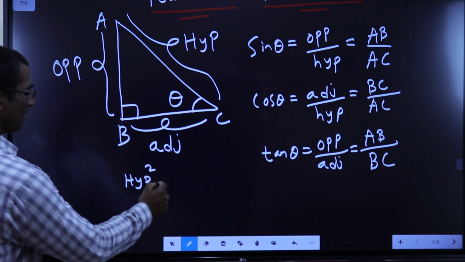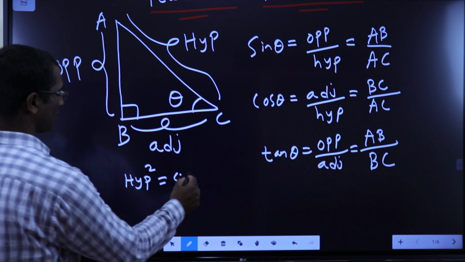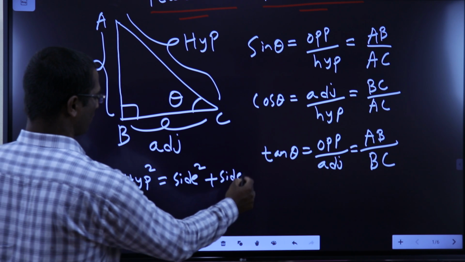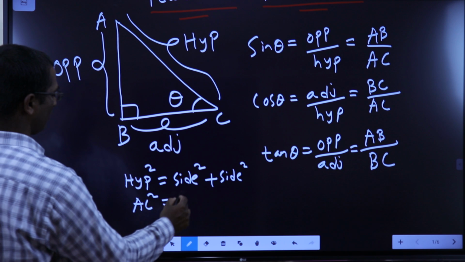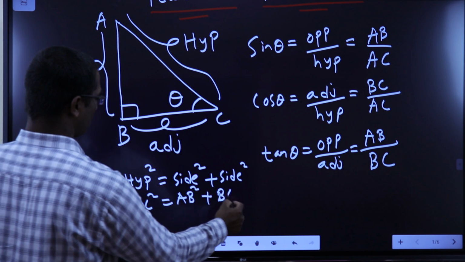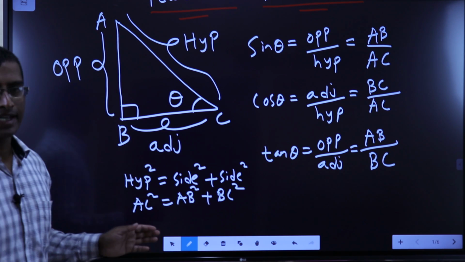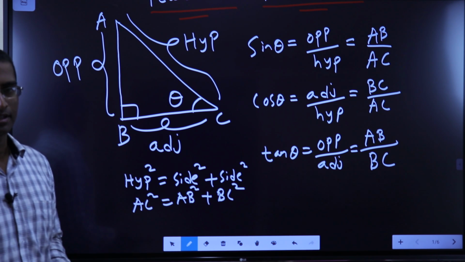Hypotenuse square is equal to the sum of the squares of the other two sides. So that is side square plus side square. So over here it's nothing but AC square equal to AB square plus BC square. Okay. If a right angle triangle is given, apply this to get whatever he is asking.